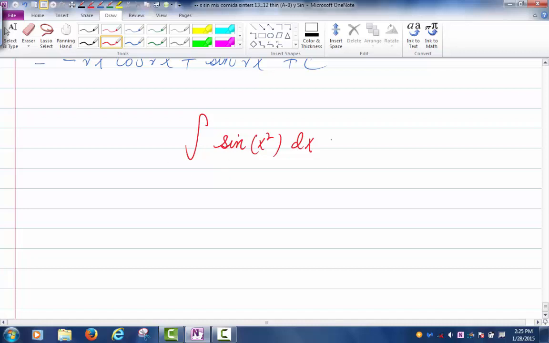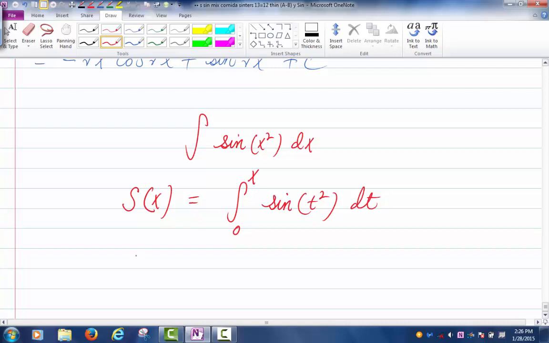What's an antiderivative? If I write down this function, let's say S of x is the integral from 0 to x of sine of t squared dt, right? Is S of x an antiderivative of sine of x squared?